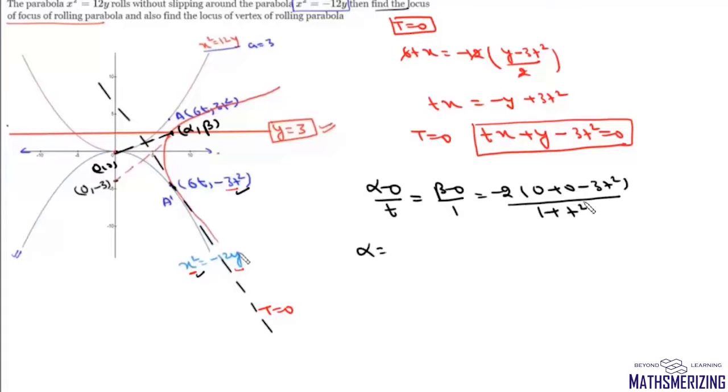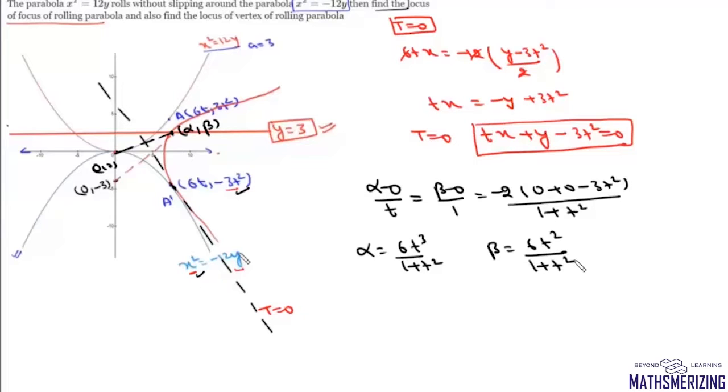So we can write alpha as 6t cube upon (1 plus t square), and we can write beta as 6t square upon (1 plus t square).